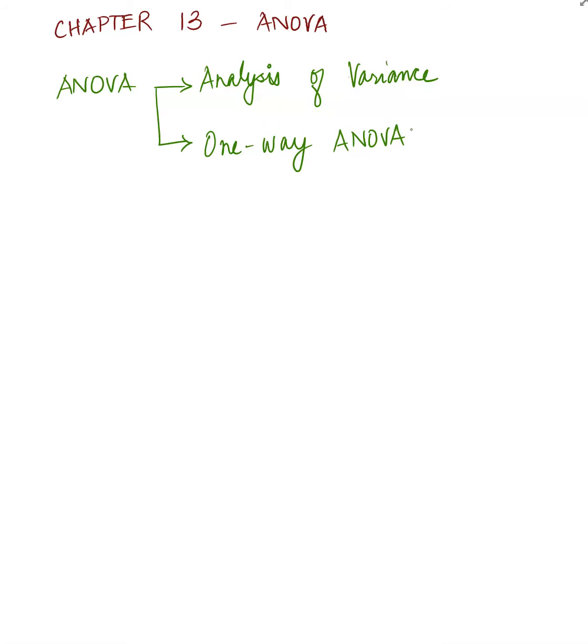Before I go into further description of this, I just want to give you a general idea of where we use this. As you know, stats is used in every field, and the purpose of this particular test is to compare means between three or more groups. So how does the average or the mean behave? Is it the same in different groups, or is it different from different groups?